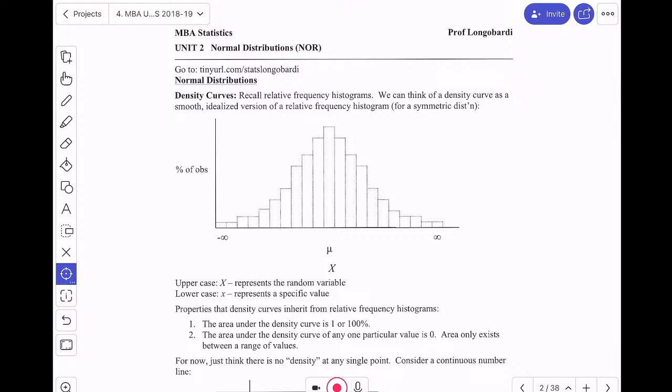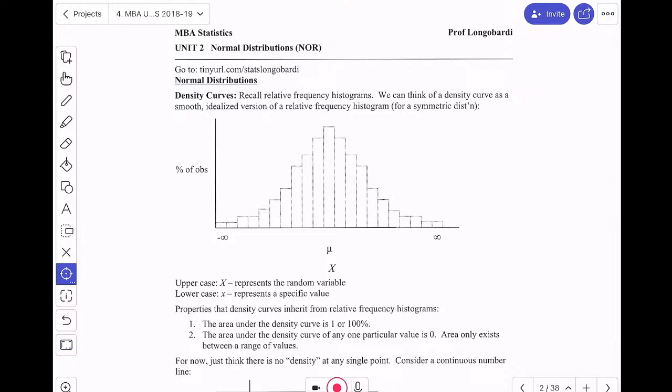So relative frequency histograms, if you haven't watched the video, make sure you do, about creating this sort of histogram. As opposed to a stem and leaf plot that shows you the values that are inside, it just notes how many there are in each class. We have percentage of observations on this axis as opposed to number of observations in a regular frequency histogram.